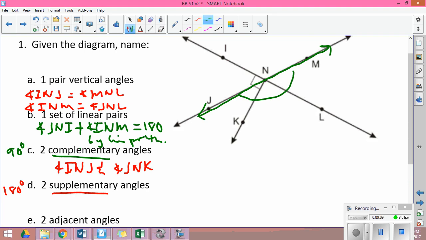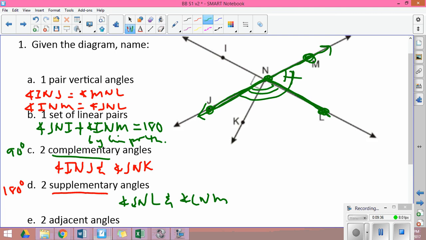And I could talk about angle JNL. So JNL would be supplementary to angle LNM, this guy over here. And there are others.